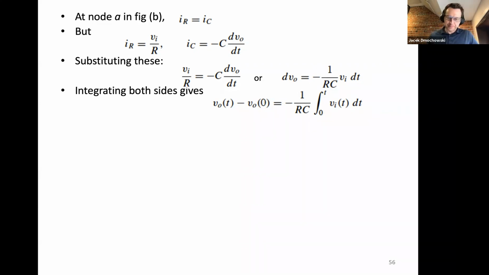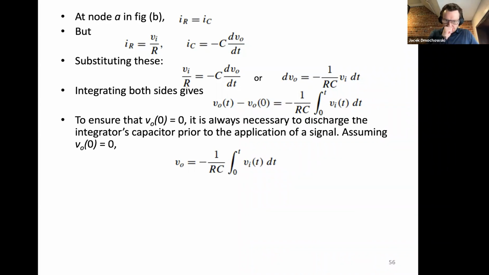And so if you assume, for example, that your output starts off at 0, then all you have is that V naught is equal to negative 1 over RC times the integral of the input. So the output is equal to the integral of the input divided by RC with a minus sign. This is the definition of an integrator. You know what R and C are.